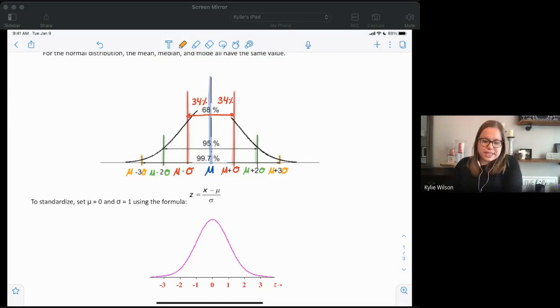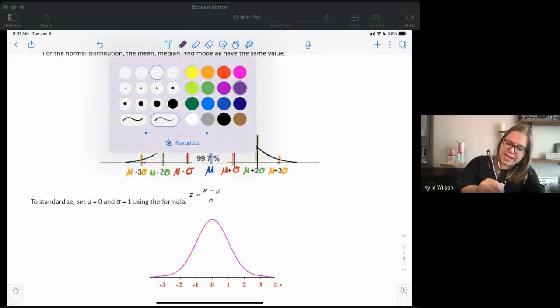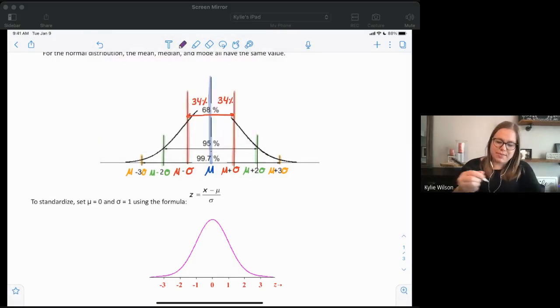Now what we did yesterday is we would go through and we would write out all of our percents in those different intervals. Then we would find the range that we're looking for and add up all of the percents. But what happens if my range or the data points I'm looking at aren't exactly 1 standard deviation away or exactly 2 standard deviations away?